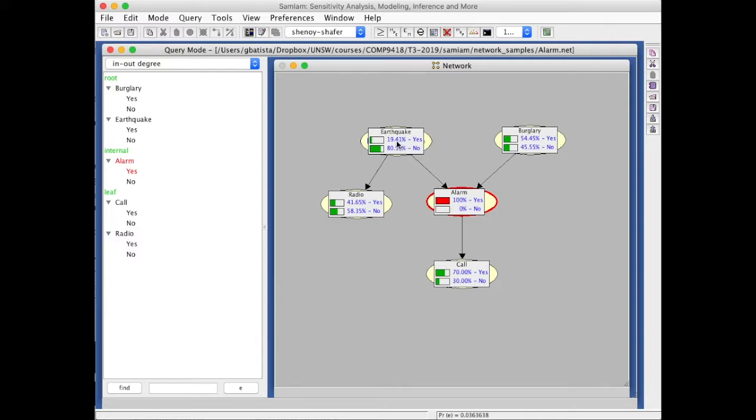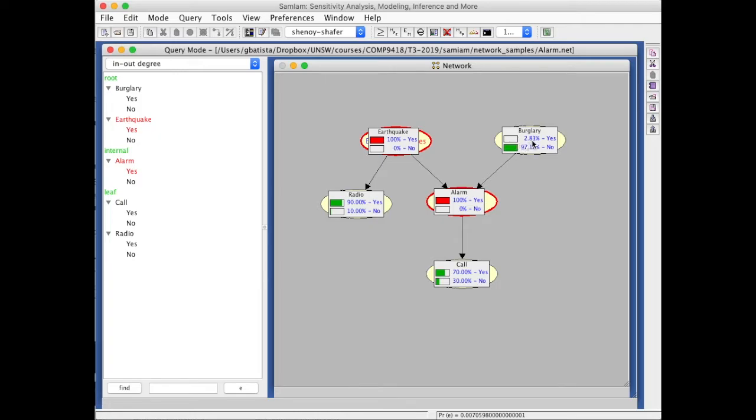So the Bayesian network will decrease the probability of having a burglary because now we know that the alarm was triggered, probably because we had an earthquake. So if we click here, we see that the probability of burglary went down to 2.83%, very close to its original prior probability that was just 2%, right?